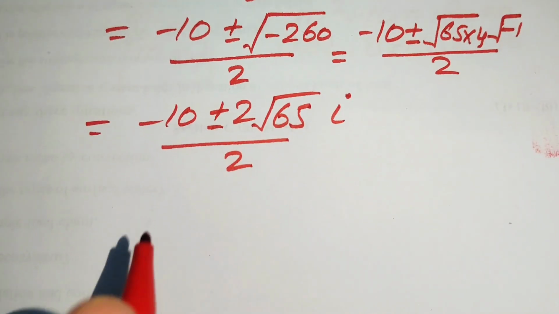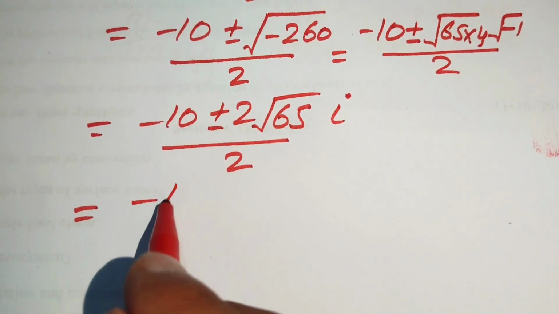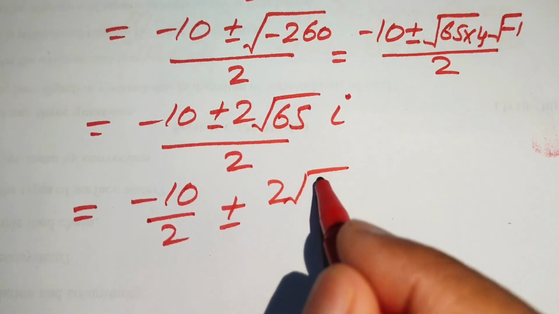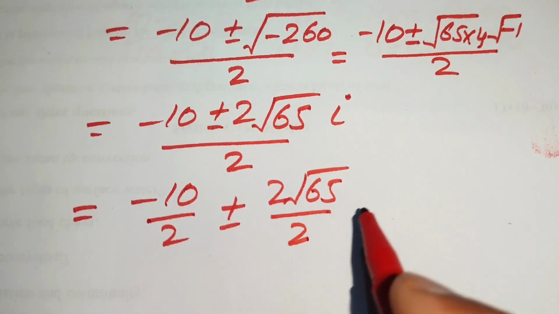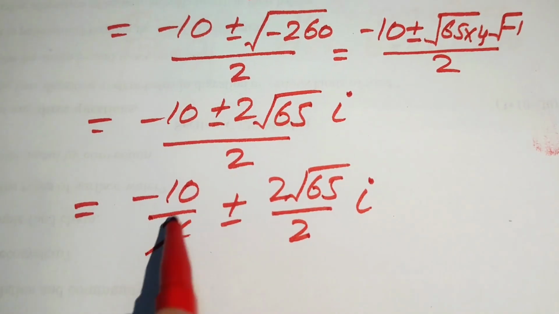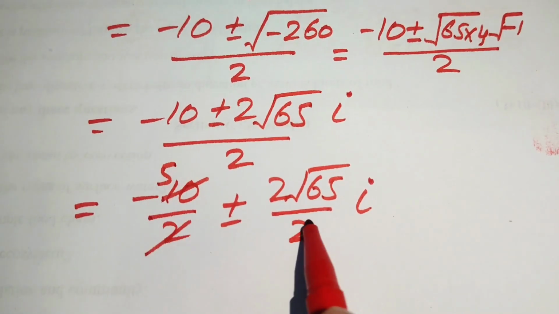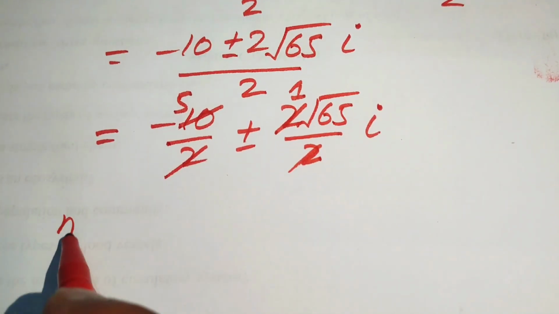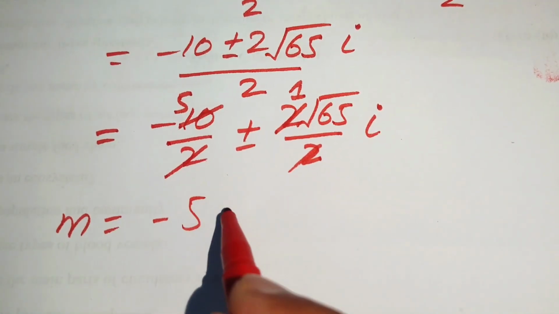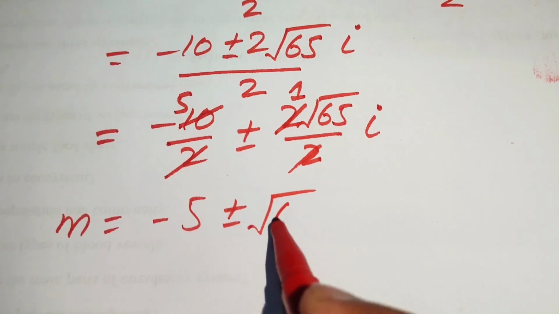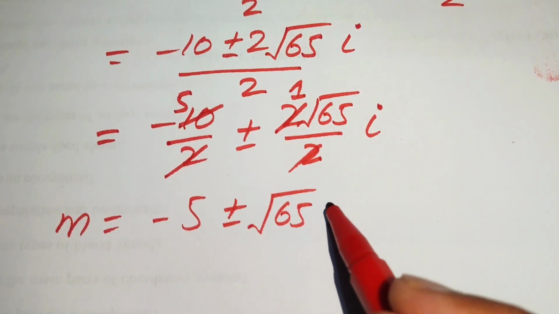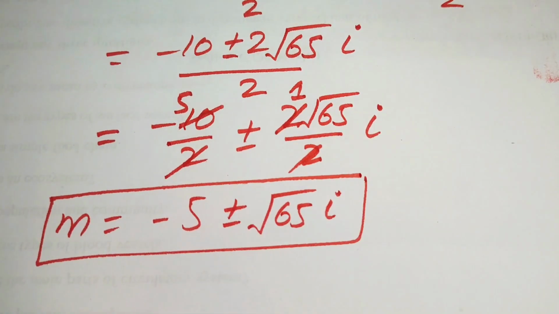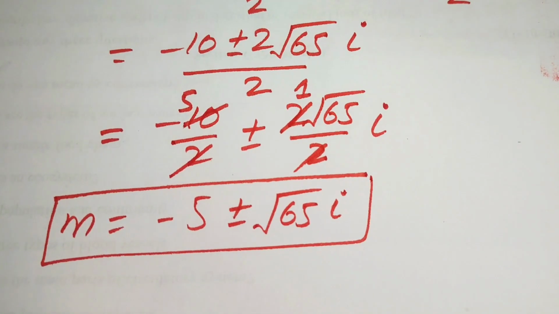Here we separate the fraction on both of these terms, and it is written as minus 10 over 2 plus minus 2 times square root of 65 divided by 2. Here these cancel each other: 2 fives are 10 and 2 ones are 2. Finally we get the value of m equals minus 5 plus minus square root of 65 times iota. So these are the other two complex roots of the given equation, and this is the final answer.